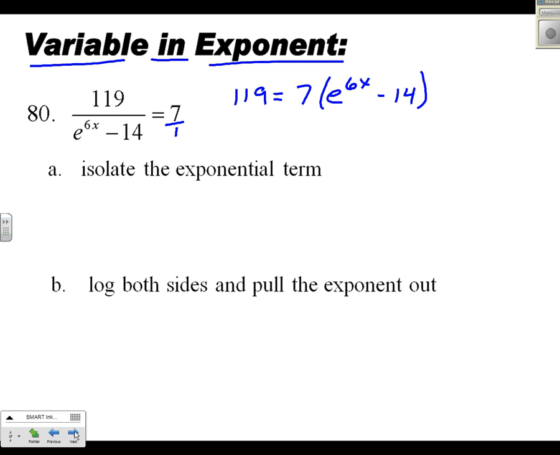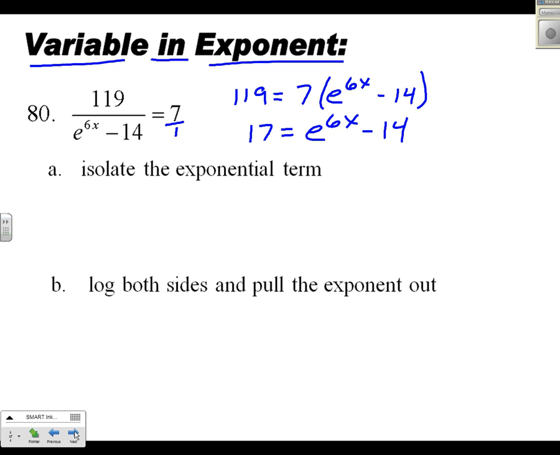If I want to get e to the 6x alone, I could go ahead and start this by dividing both sides by 7. And it's wonderful that 7 does go into 119. 7 goes into 119 17 times equals e to the 6x minus 14.